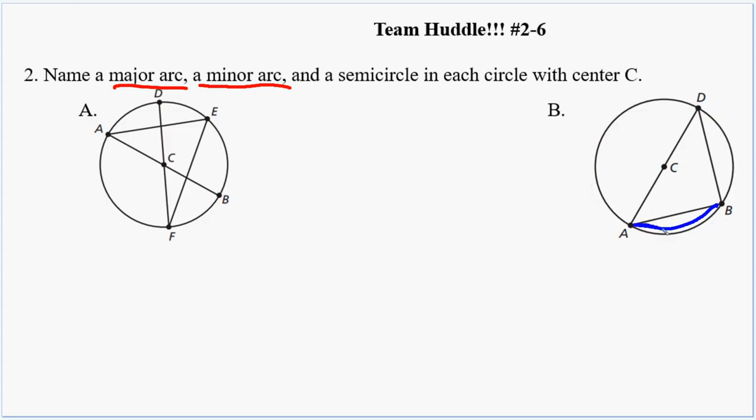If I chose this as my minor arc, then my major would be A to D to B. Those are good. As a semicircle, again, here's our diameter. So our semicircle would be DBA. D to B to A.